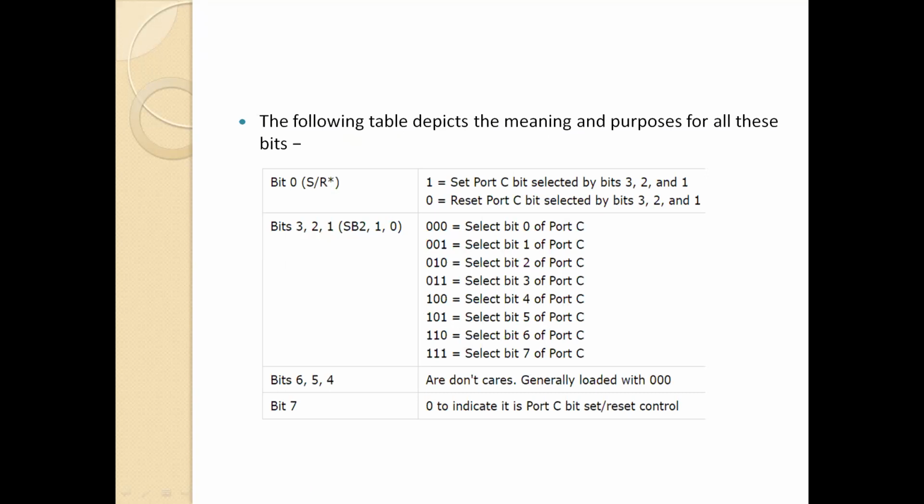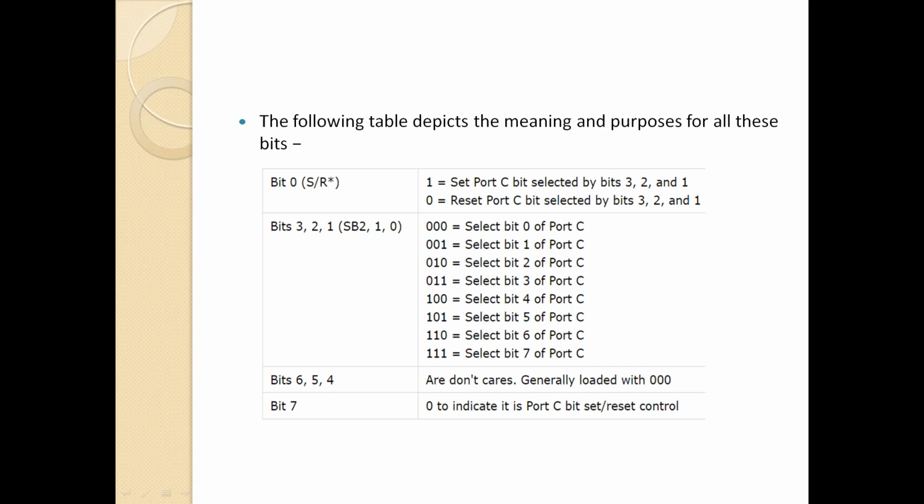Here you can see that this table depicts the meaning and purposes of all the bits of the control register word. Bit 0: when bit 0 is 1, the bit of port C selected by bits 3, 2, 1 is set. When bit 0 is 0, the bit of port C selected by bits 3, 2, 1 is reset.